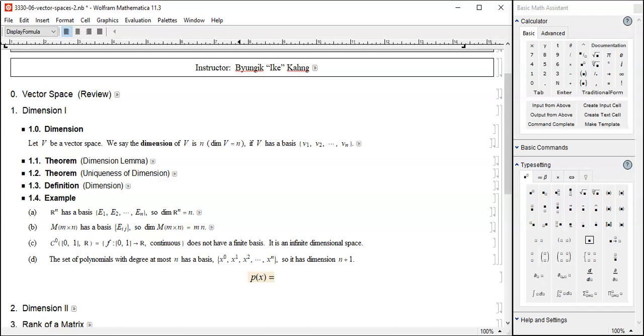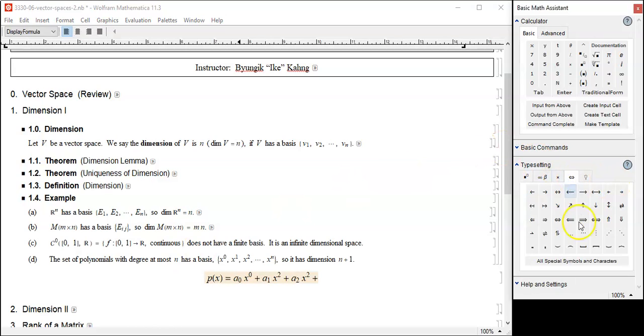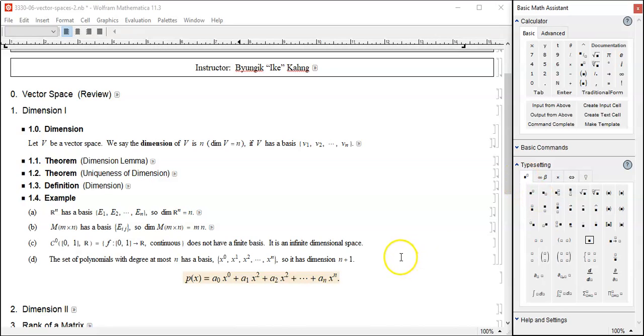And any polynomial can be written like this: a0 times x to the 0 power plus a1 times x to the first power plus a2 times x to the second power, and then dot dot dot, and x to the nth power. Any polynomial of degree less than or equal to n can be written like this.